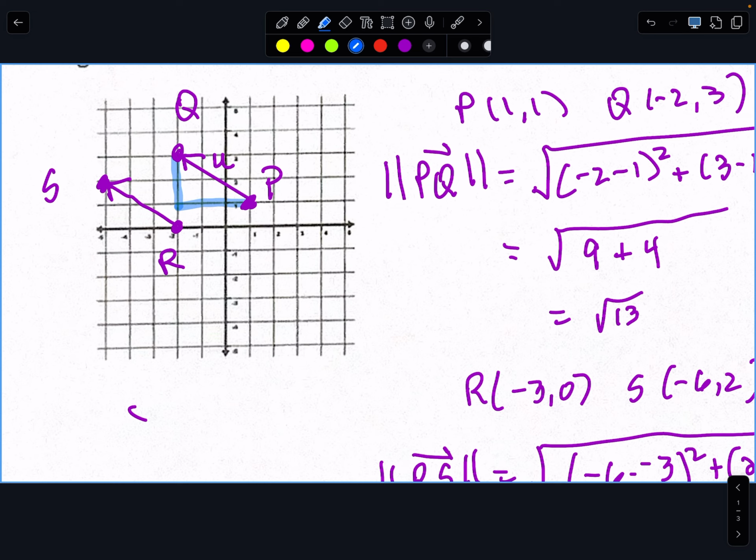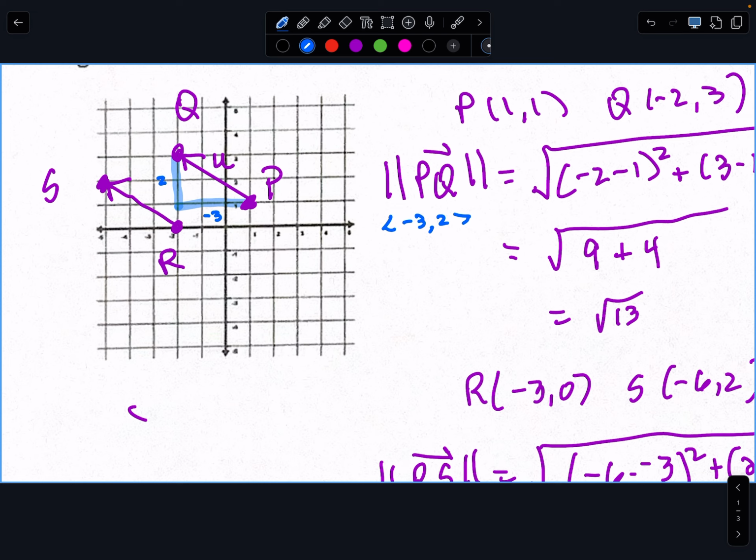And from P, I'm going to the left 3 units. And then I'm going up 2 units. And so component form of PQ is negative 3, positive 2. That is the component form.